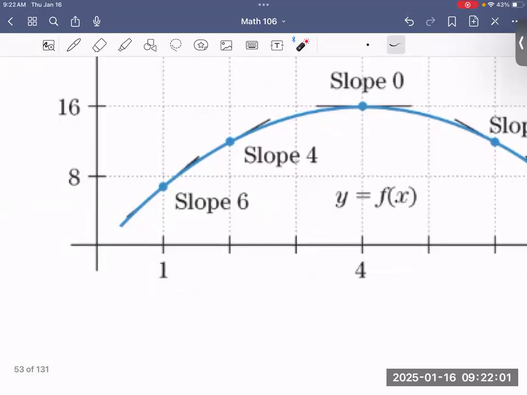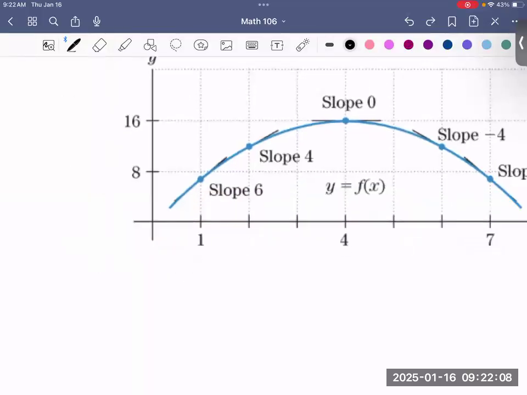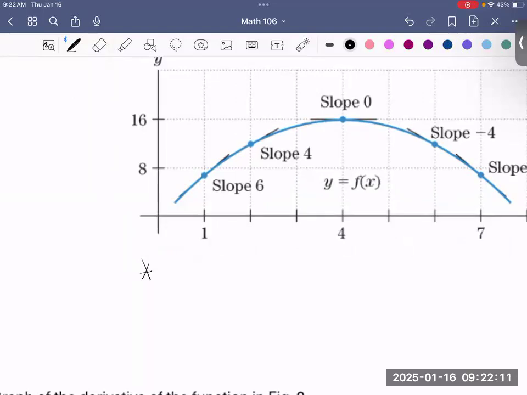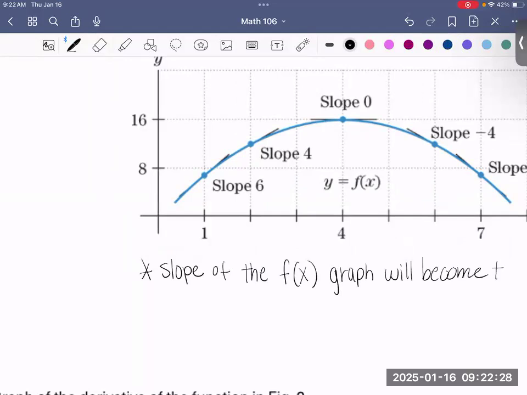If you have your x value, so here, whatever your x value is on your f prime, let's write this down here. So the slope of the f of x graph will become the y value of the f prime graph.